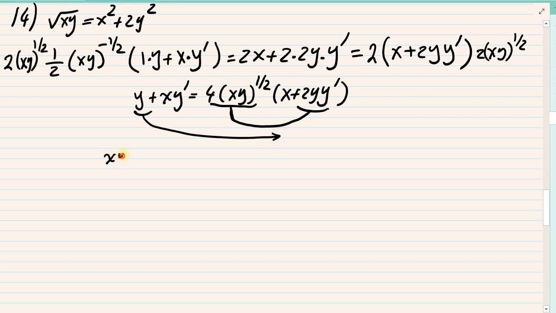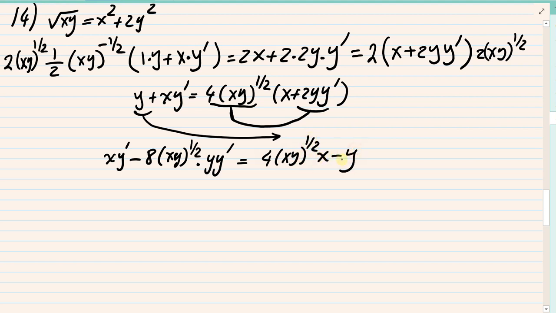So this becomes xy prime minus 4 times 2, 8, and then we have xy to the 1/2, times y prime equals, on the other side we have 4xy to the 1/2 times x minus y.